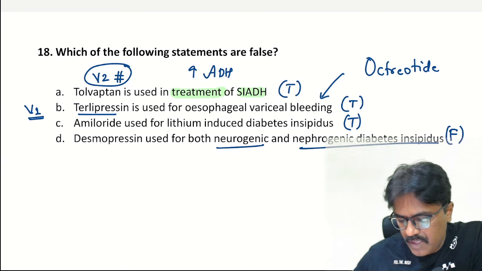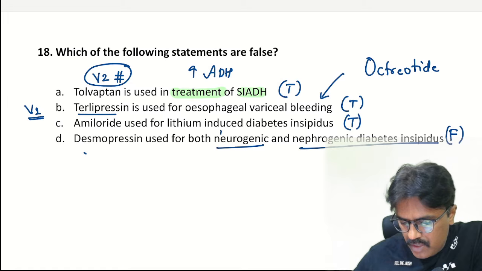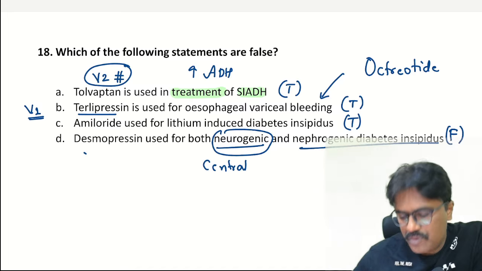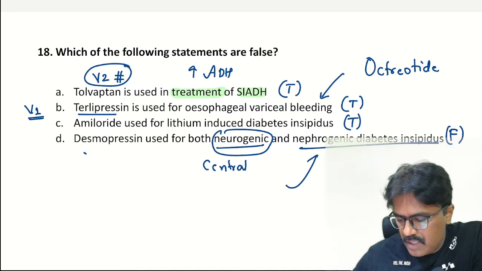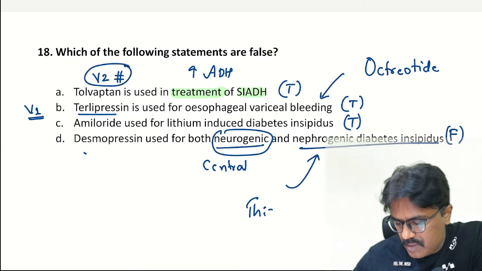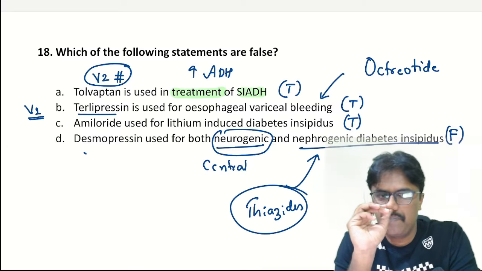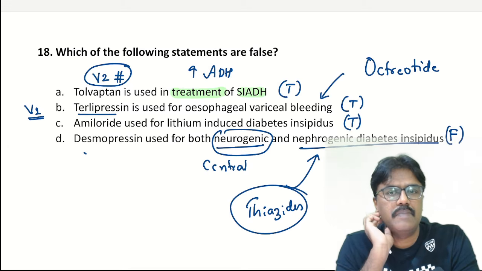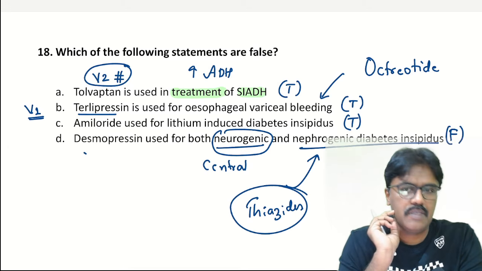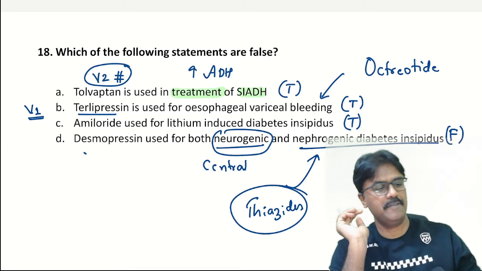False. Desmopressin is only for neurogenic, that is central diabetes insipidus, drug of choice. For nephrogenic, the drug of choice is thiazides. So the answer for the question is option D. All other statements are true statements.